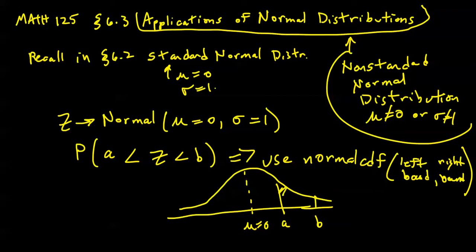So if I pictorially draw a standard normal curve and I shade in the area under that curve between a and b, this value is really this shaded area which is computed with this calculator function. So remember, there is a profound link between areas and probabilities in these normal distribution applications.